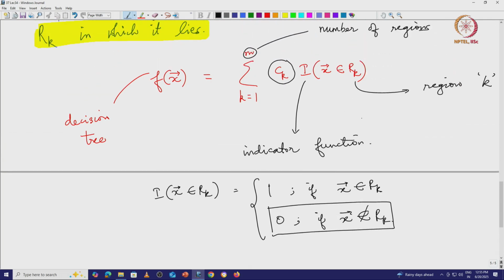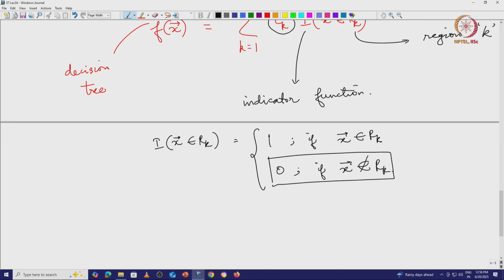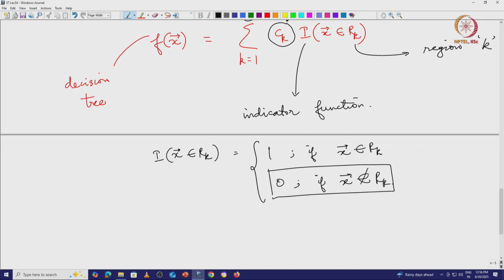So this is basically how a decision tree works, but now the question is, what value do you assign, how do you get these Ck's? So to obtain the optimal Ck's, we have to minimize a loss function, as is always done in a machine learning model.